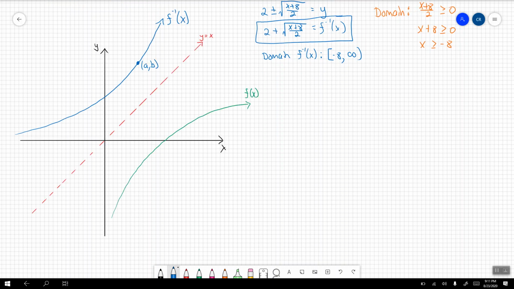Okay, so here is a diagram where I have a function f of x. Notice that this function is a one-to-one function. And I also have its inverse function here, which is also a one-to-one function.